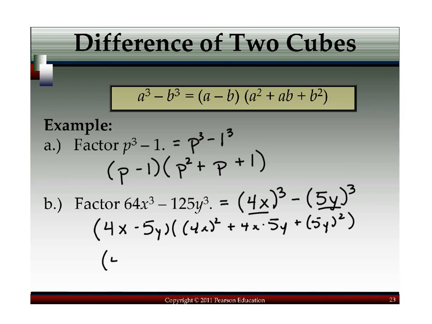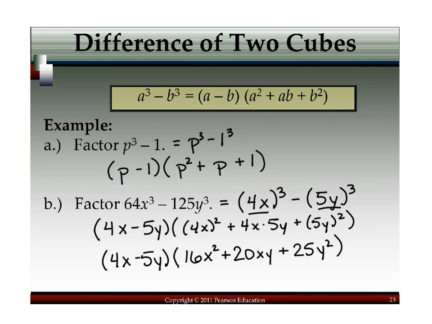Now I'll just simplify it a little further. So 4x squared is the same thing as 16x squared. And then 4x times 5y, that gives me 20xy. And then plus 5y squared is 25y squared. And I'm done.